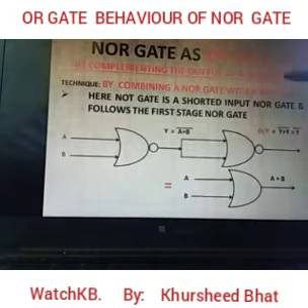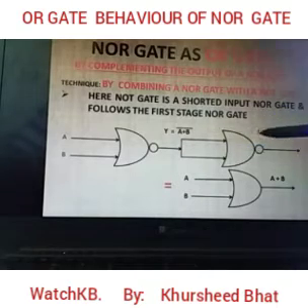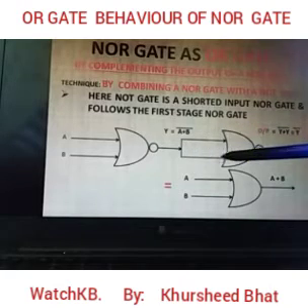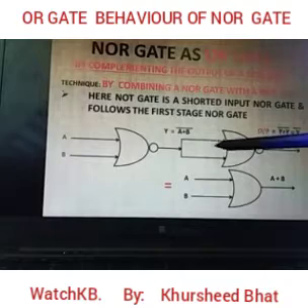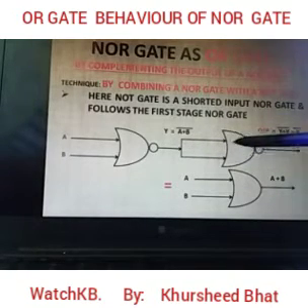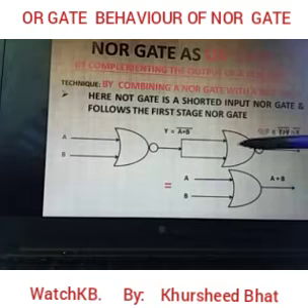But this NOT gate is achieved from a NOR gate as well, by shorting or combining its input terminals. So this is exactly our single input NOR gate, which will work as the NOT gate, as clarified in part 1 of today's lesson.